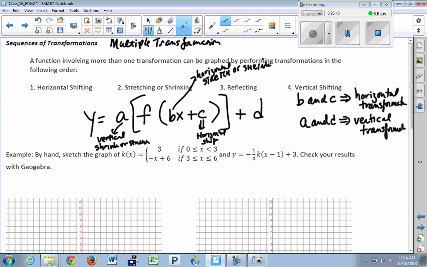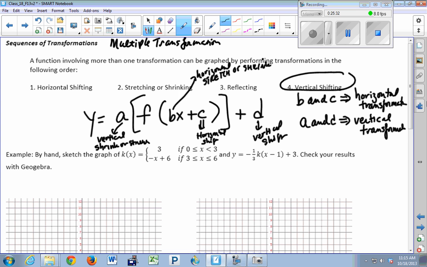And D would be the last thing you would do. If you had a bunch of numbers in here and you think about order of operations, the last thing you would do would be to add the value of D. That's the last thing that happens. And notice in our sequence, the vertical shifting is the last thing that happens. So that's a vertical shift.